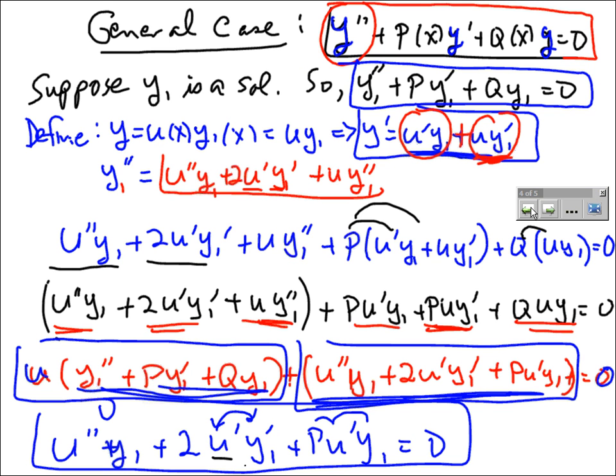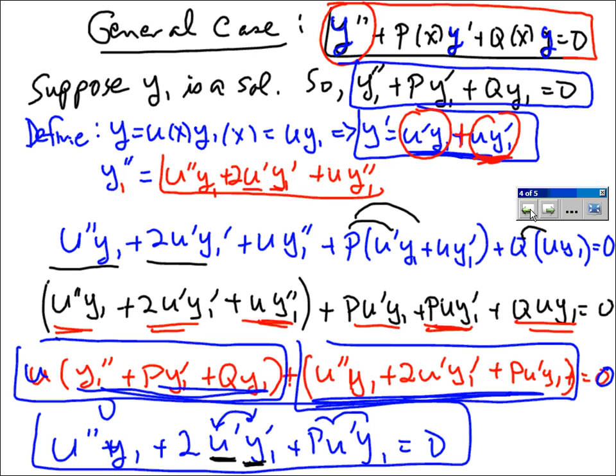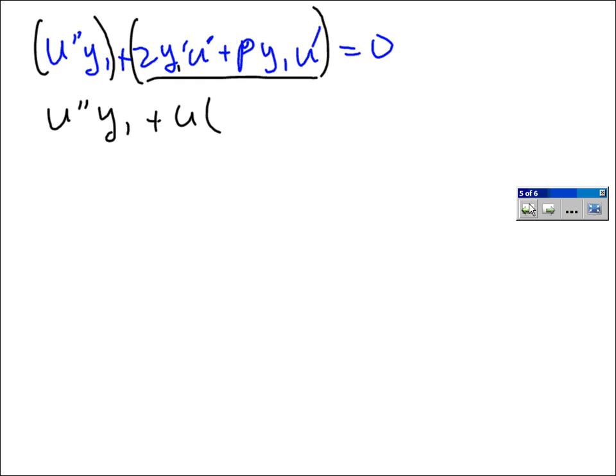Now if you notice, both the u and the y sub 1 are prime. So let me do that up here. They're both prime. Make sure the other one is the same, just the u is prime. Okay. So now I can factor out the u prime, and I get 2y1 prime plus py1, and this is 0.